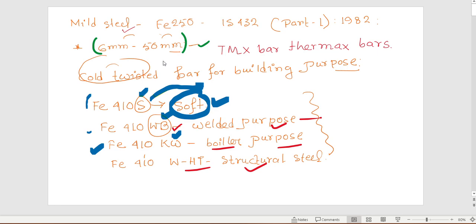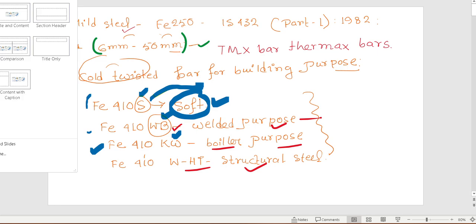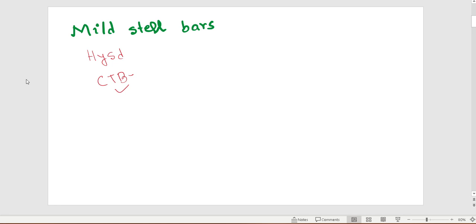And what types of bars are available for construction or any other case? There are mild steel bars, HYSD bar, CTB bar (cold twisted bar), TMT bar and TMX bar.